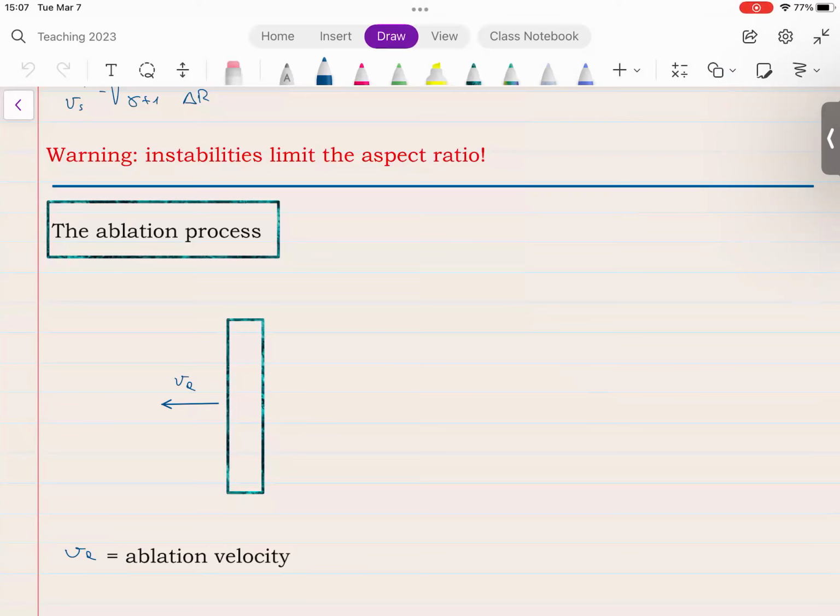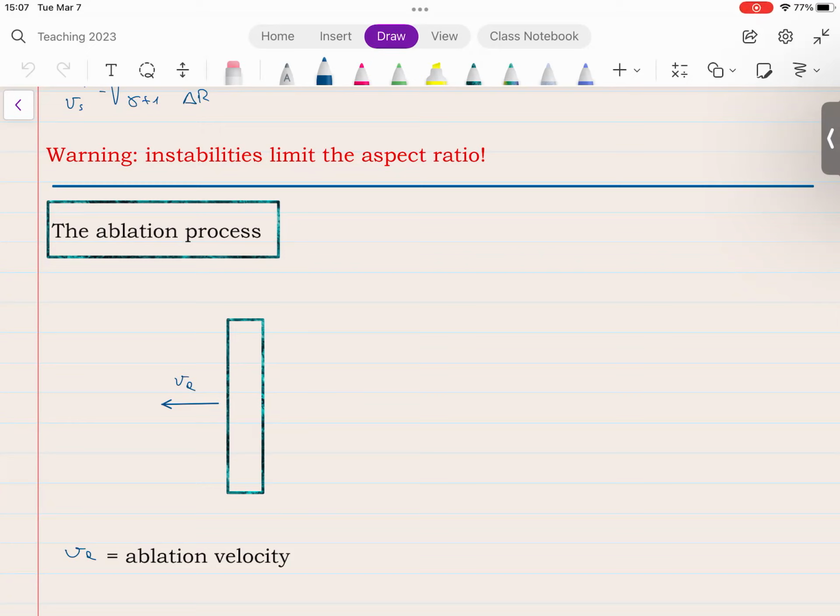But that means that, as more and more mass flies to the left, there is momentum gained by my material. First, it was still not moving at all, then the whole target starts moving, but there is a change in momentum.